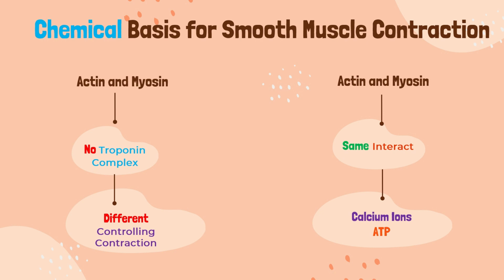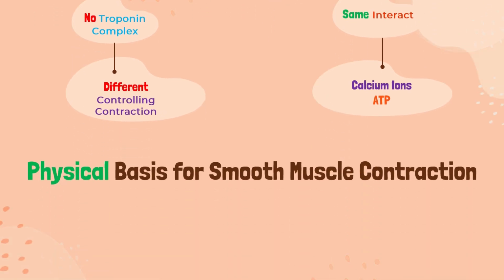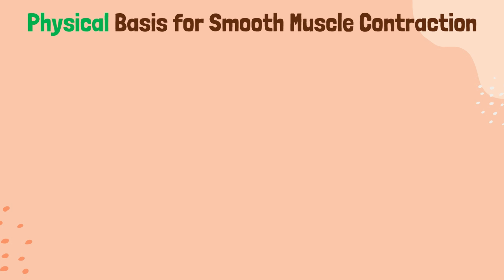There are, however, major differences between the physical organization of smooth muscle and that of skeletal muscle, as well as differences in excitation-contraction coupling, control of the contractile process by calcium ions, duration of contraction, and the amount of energy required for contraction.